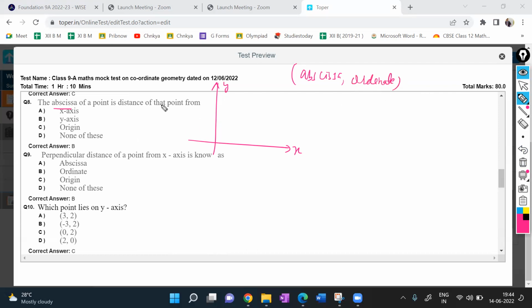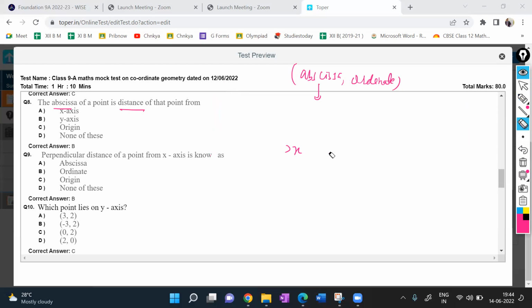Abscissa is the distance of a point from where? From the y-axis. Look at it, from this to this. This is the y-axis, and whatever point I draw, that denotes the x coordinate, right?